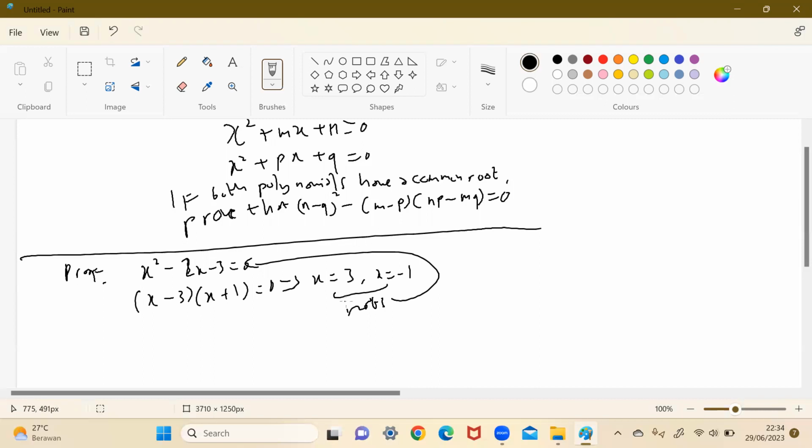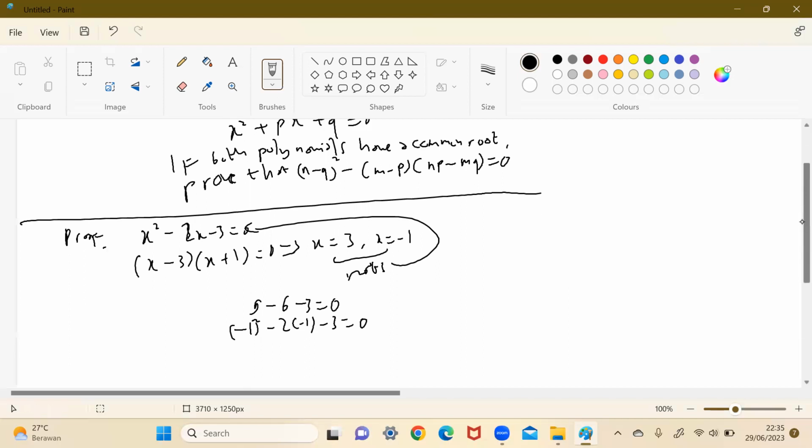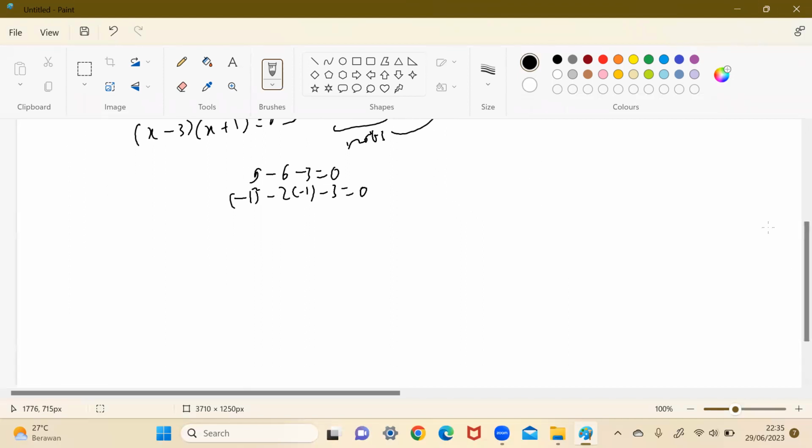Now recall that if you substitute the roots into the original polynomial, you'll obtain 0, which is equal to the right-hand side. If you put 3 in place of x, you'll obtain 9 minus 6 minus 3, which is equal to 0. Similarly, if you plug in -1, you have (-1) squared minus 2 times -1 minus 3. So you have 1 plus 2 minus 3, which is 0. Now, this representation is useful for this problem.